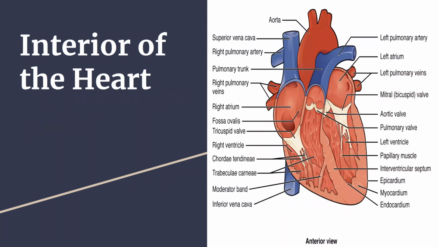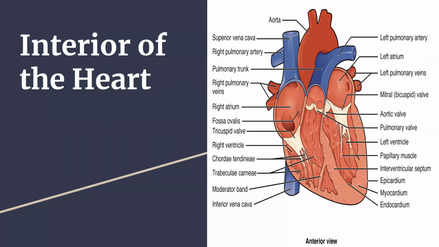So here's a good graph of the interior of the heart. You have the aorta, which is the major artery, and the superior vena cava, which is one of the major veins. And you have all the other ventricles and veins and arteries that support the heart, okay?